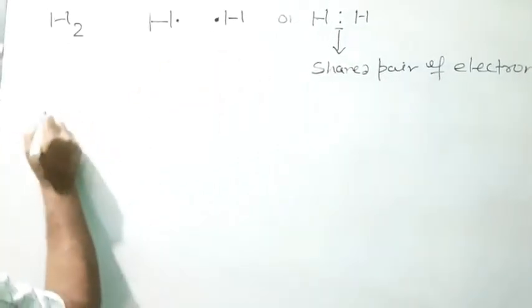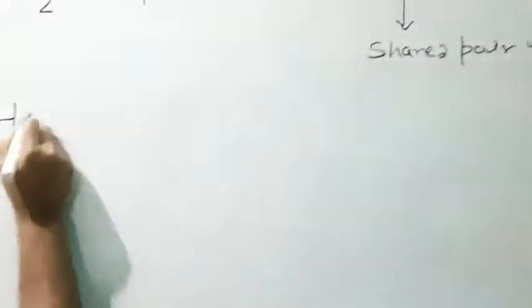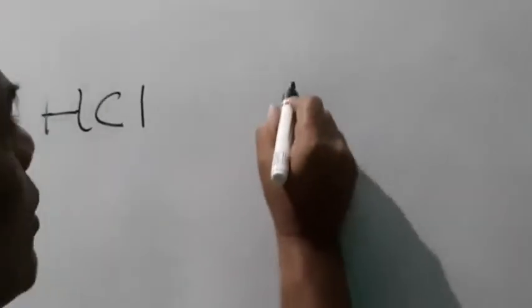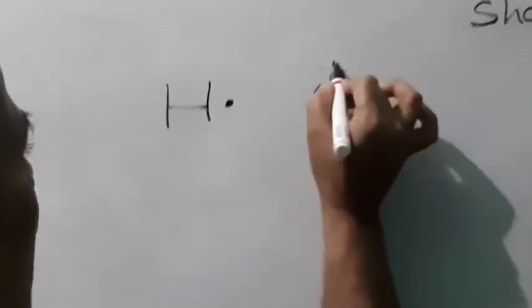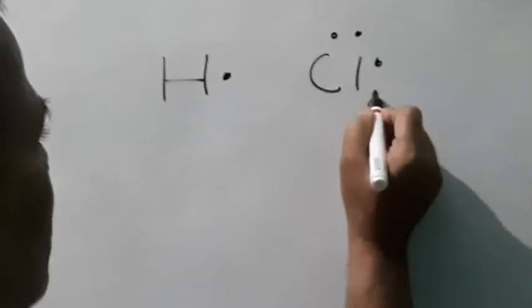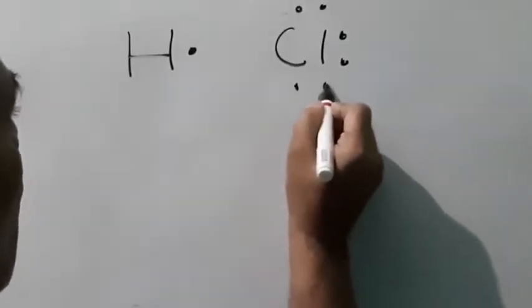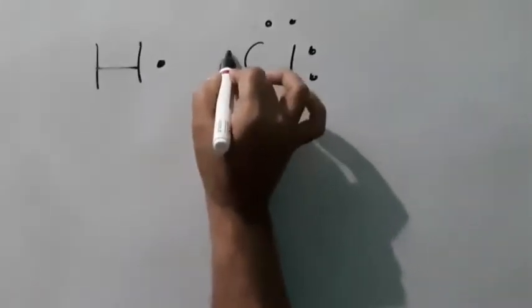But if you talk about the heteroatomic molecule HCl, here H has one electron and Cl has 7 electrons in its outermost shell.